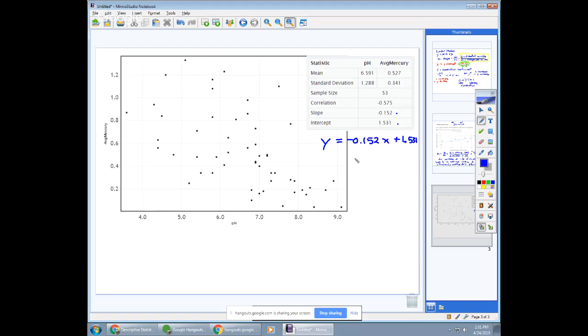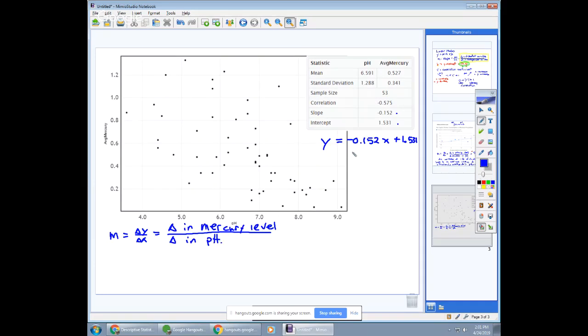So to do that, I have to write down my setup guide, change in y over change in x. What is y here? Mercury. So that's change in mercury. Let's call it mercury level because we don't know how to measure it exactly. And then the x is pH, so change in pH.